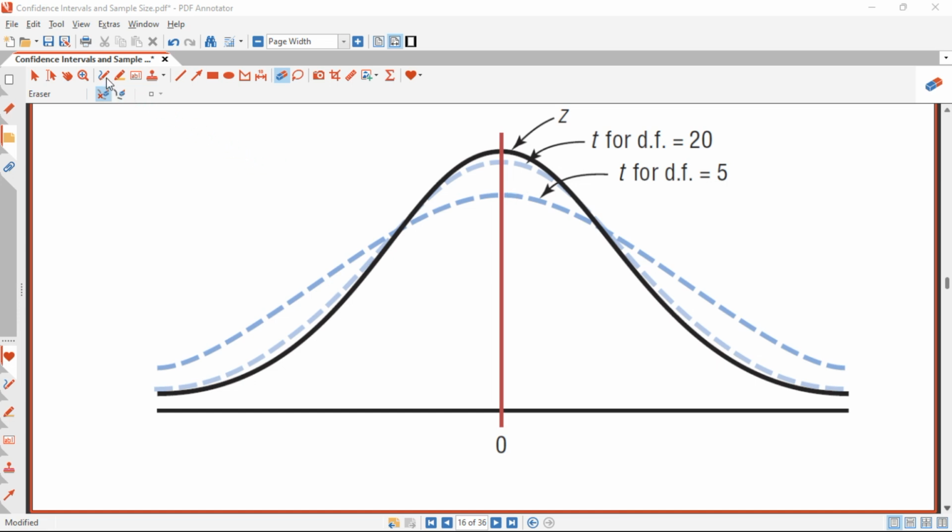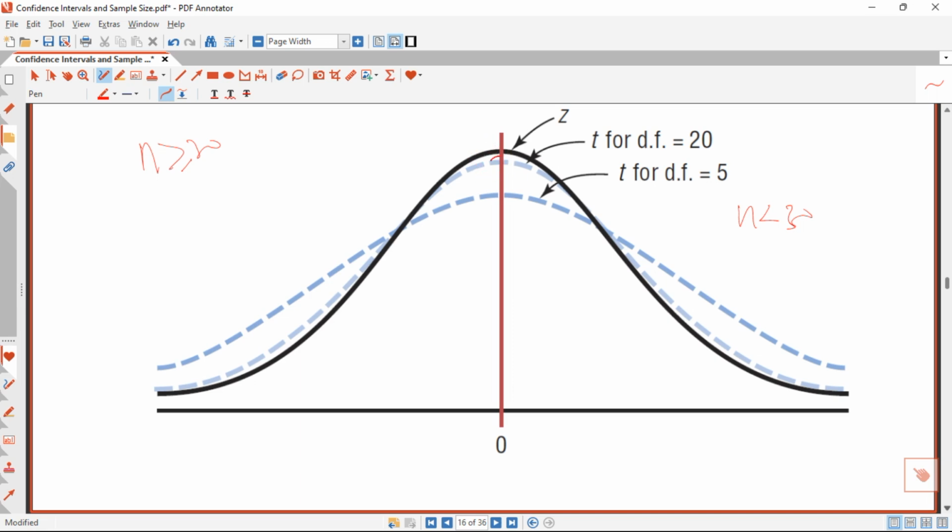What I want you to note down is that for the normal distribution, we learned in our previous video that our n must be greater than or equal to 30, and for the T distribution, our n must be less than 30.